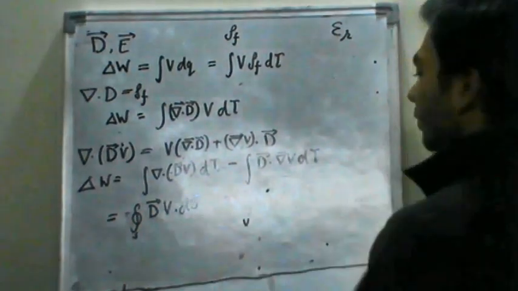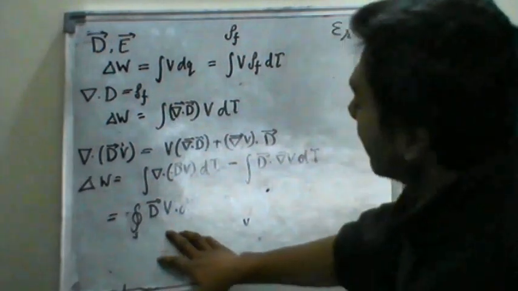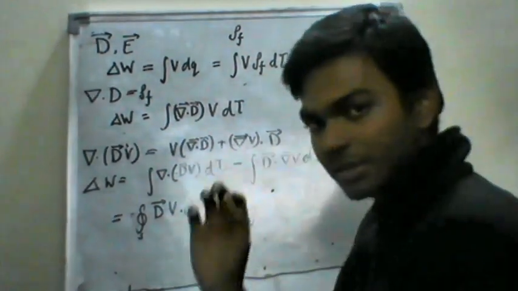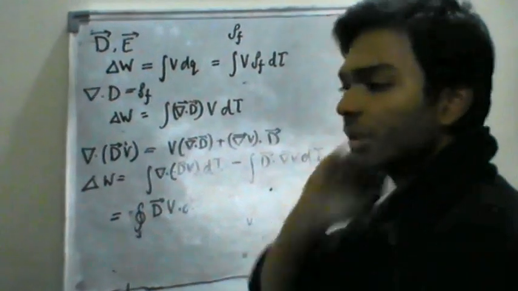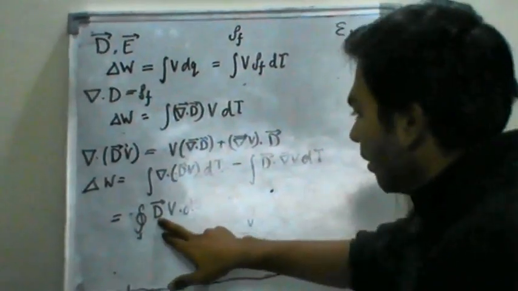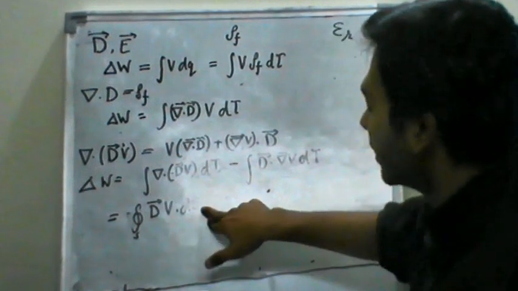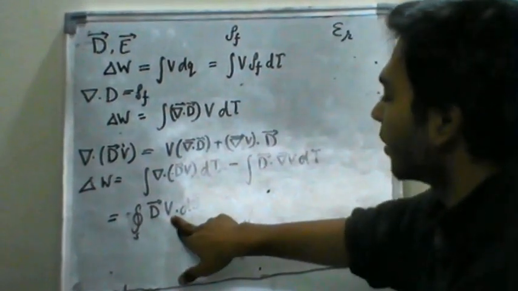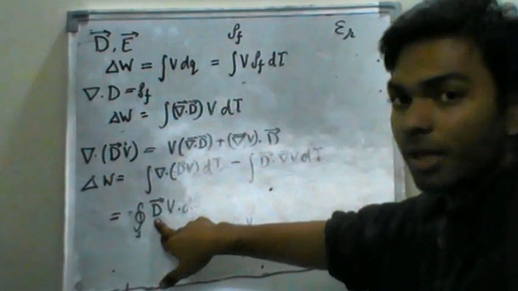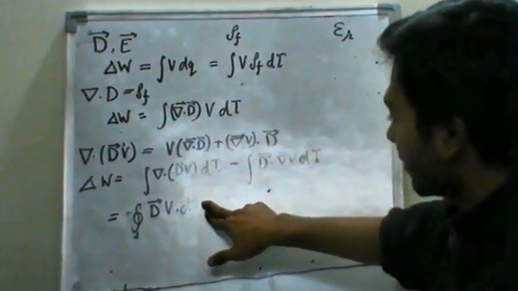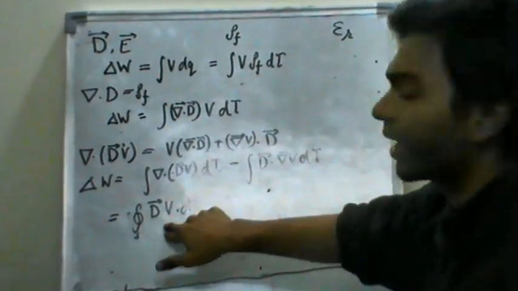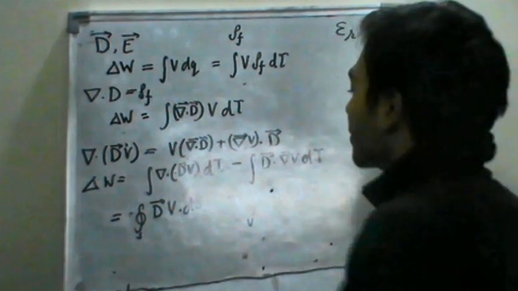Now if we integrate over all space, D is proportional to 1 by r square, V is proportional to 1 by r, and the surface area is proportional to r square. The r square cancels, but this is still 1 by r, so this will tend to 0.